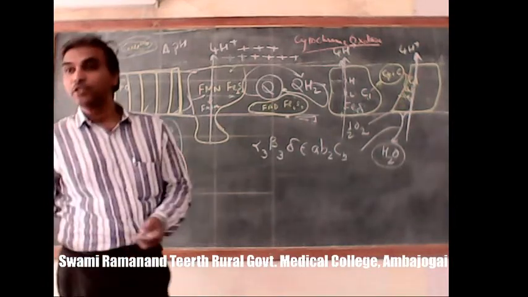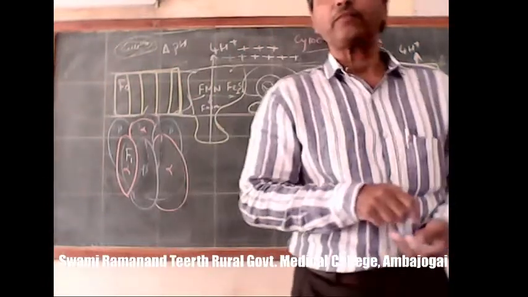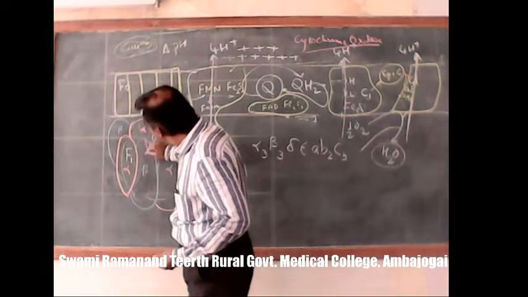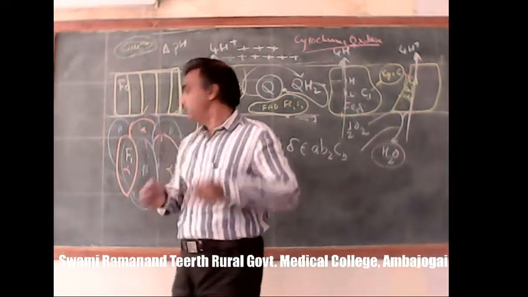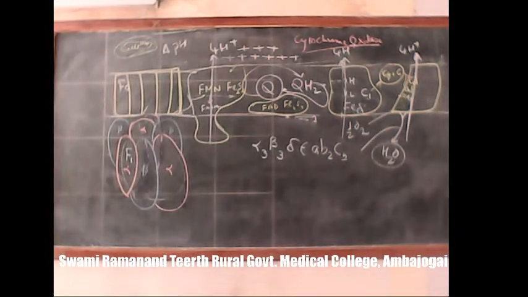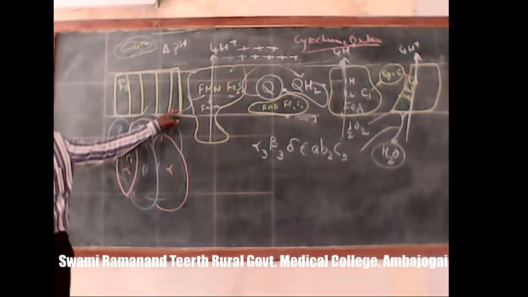These are the units. So there is a bent axle inside, around which the 6 alpha-beta units, 3 alpha and 3 beta units, form a structure.